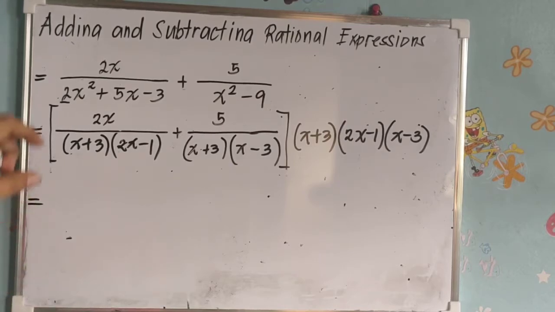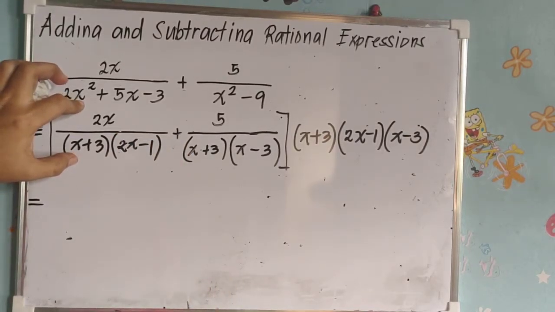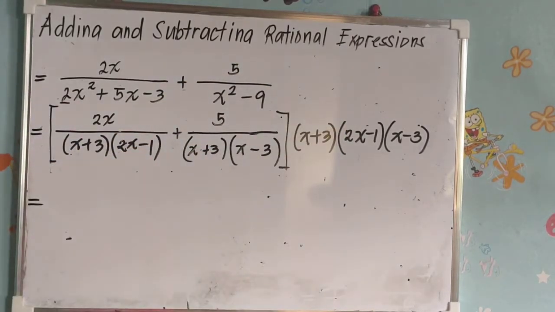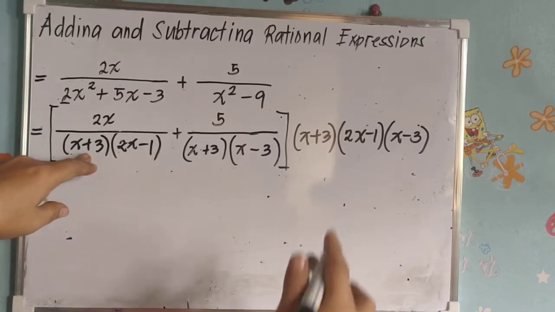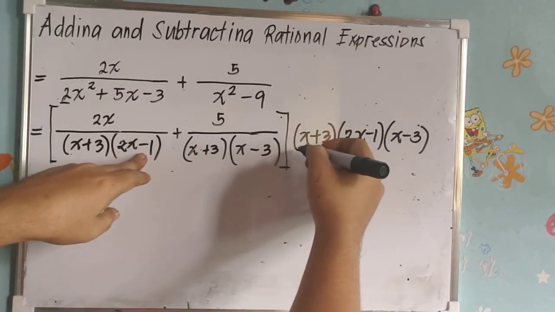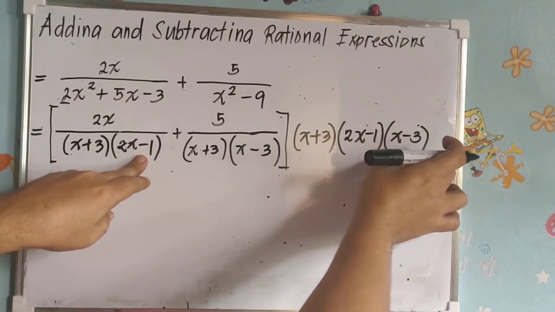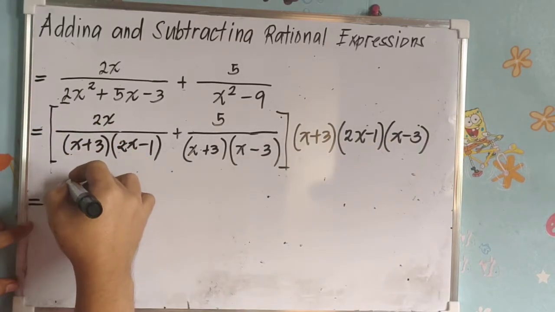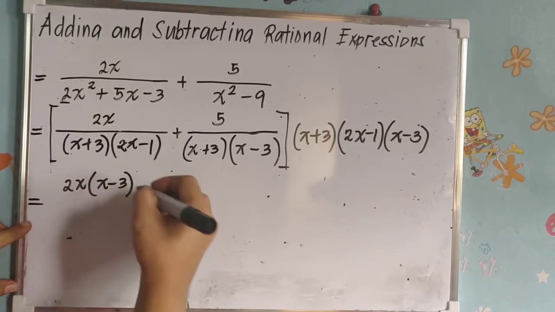Okay, next, multiply each rational expression to our LCD. So 2x over the quantity x plus 3 times the quantity 2x minus 1 times our LCD. So let's look at factors that will be cancelled out. So we have x plus 3 here will be cancelled out, and 2x minus 1 will be cancelled out. So the remaining factor is x minus 3 times 2x. So we're going to write 2x times the quantity x minus 3.